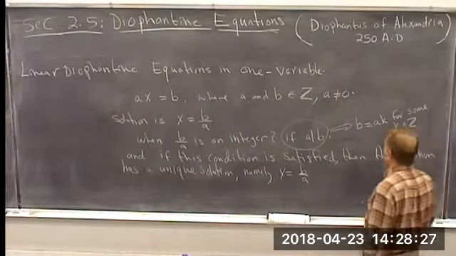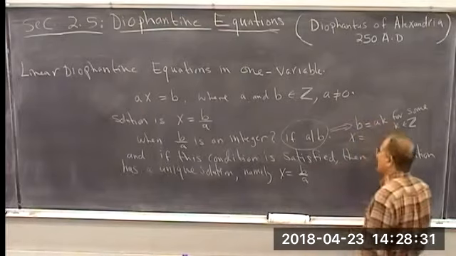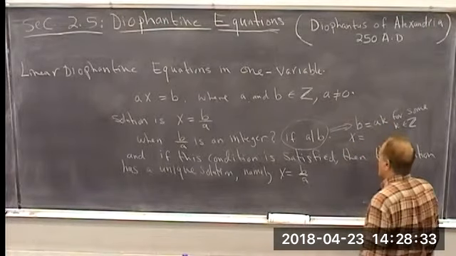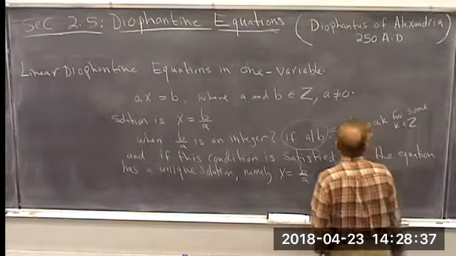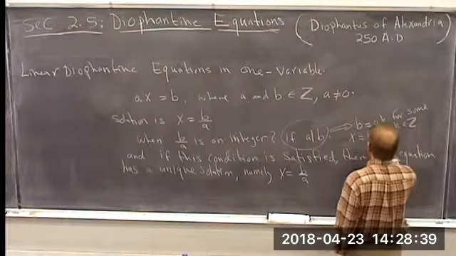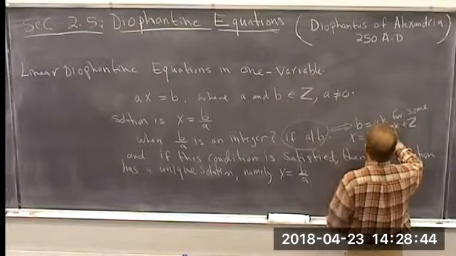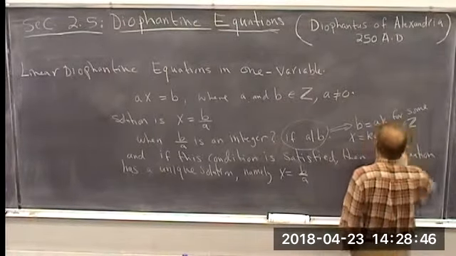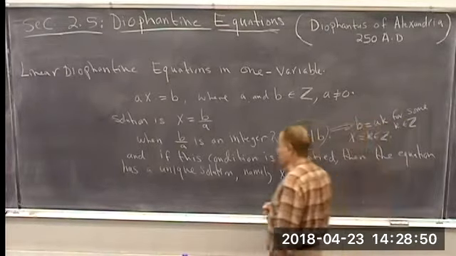And with this, the solution is x equal to k, which of course is an integer. And it's unique because the divisibility gives me a unique k that satisfies this equation.